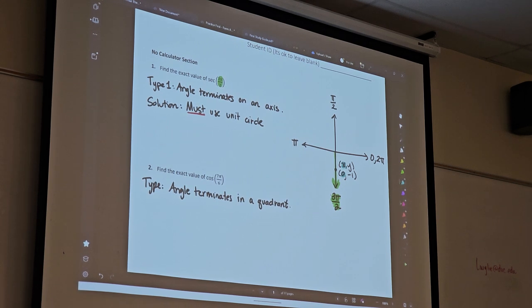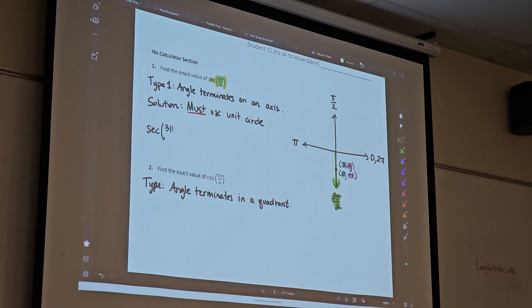Then I care about what my definition is. Secant is the reciprocal of cosine, and cosine is the x-coordinate on the unit circle. So secant of 3 pi over 2 is going to be 1 over that x-coordinate on the unit circle.